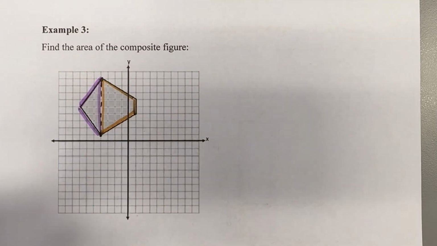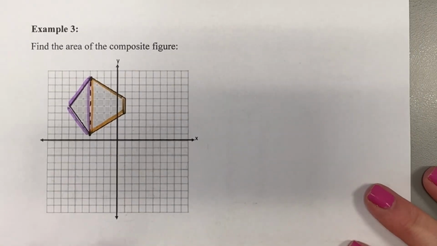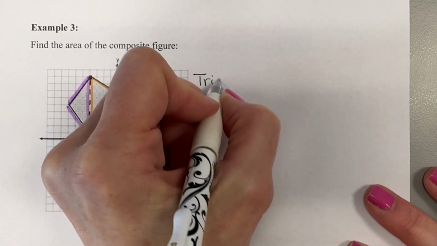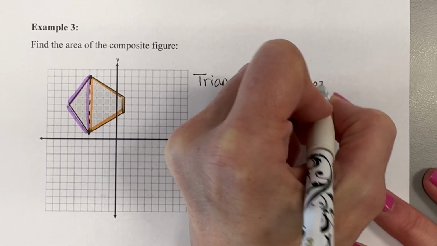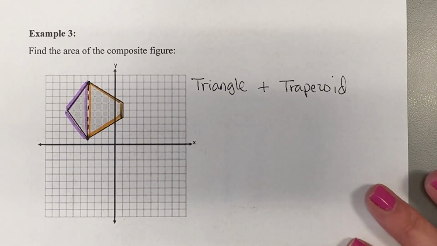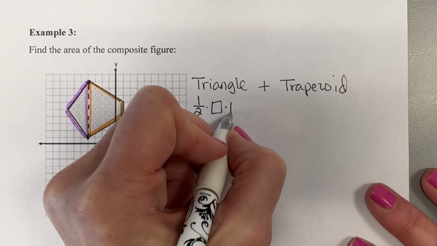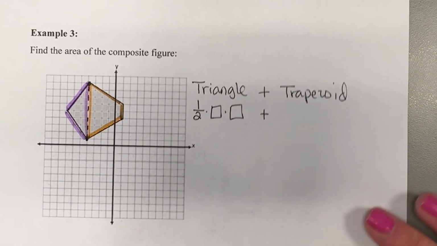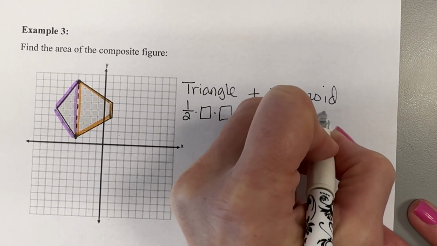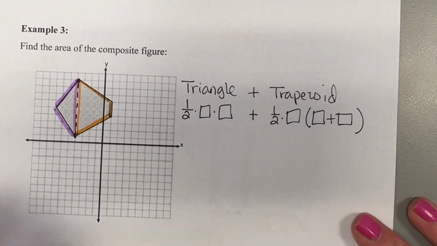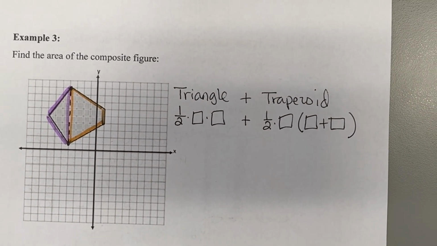So I am going to do a triangle plus a trapezoid. Triangle area is 1/2 times base times height. Trapezoid is 1/2 times height times the quantity of base 1 plus base 2. So I just have to fill out all of those boxes.